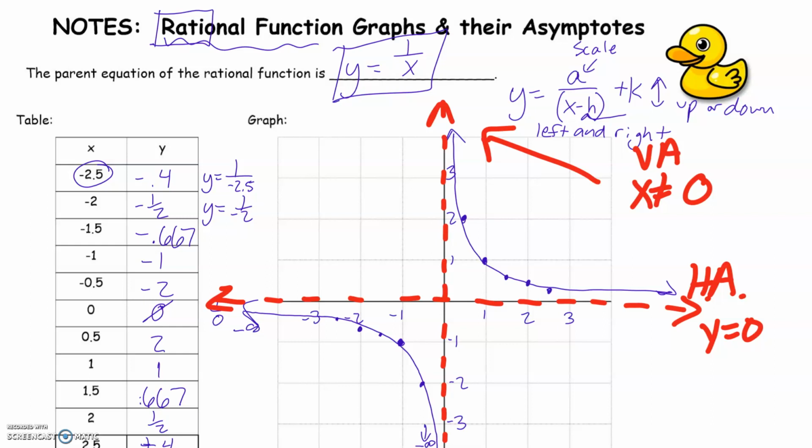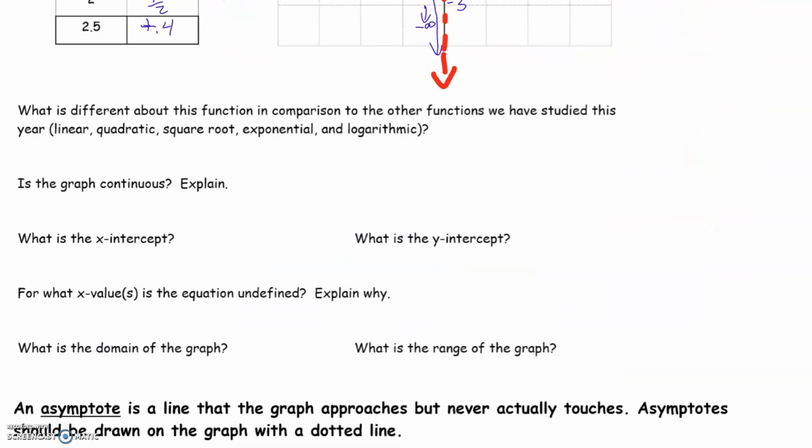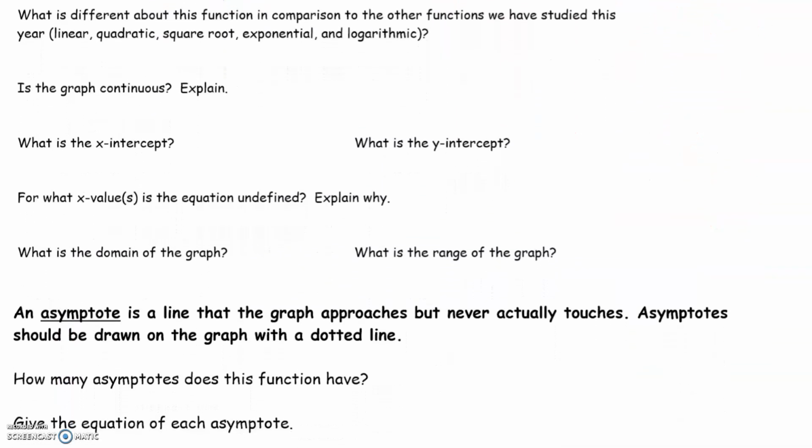Okay, and we're going to go ahead and talk about a few things. I'm going to scroll up and down from time to time, but let's take a look at this. So what is the difference about this function in comparison to other functions we have studied this year? Linear, quadratic, square root, exponential, logarithmic. This is when I would ask you questions, but I don't get the privilege to hear you answer. So first of all, it would be two different graphs.